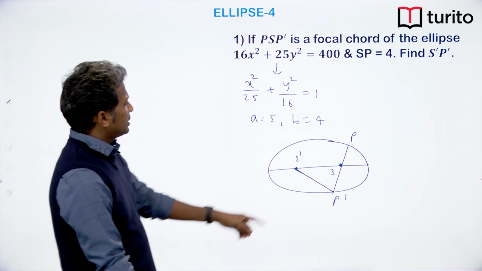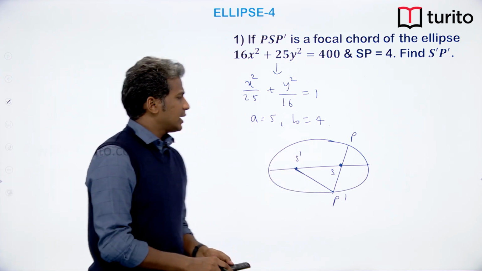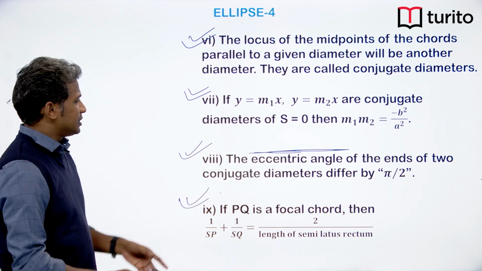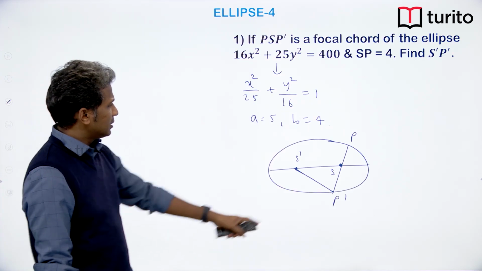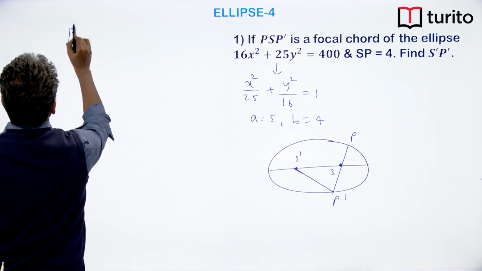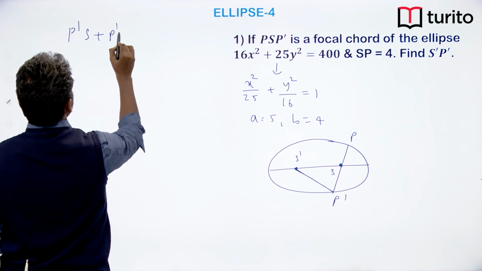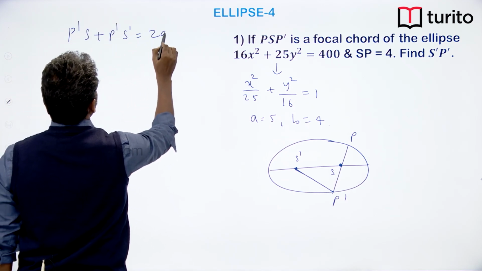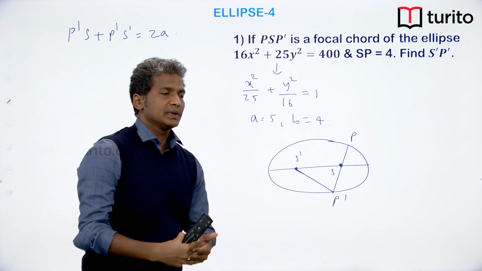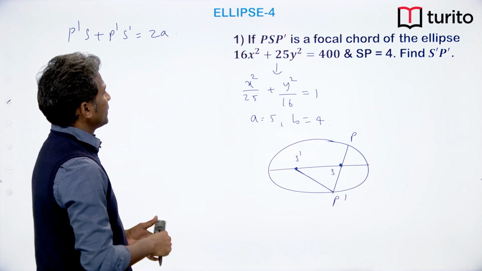But we know that SP and SP dash are connected with this property, so using this we can calculate SP dash, and also P dash S plus P dash S dash must be equal to 2a. So using this we can calculate P dash S dash. So let us just do that.